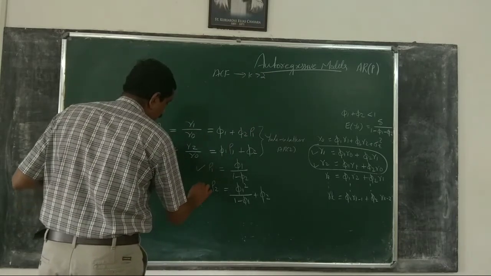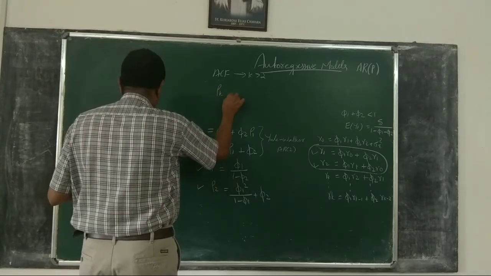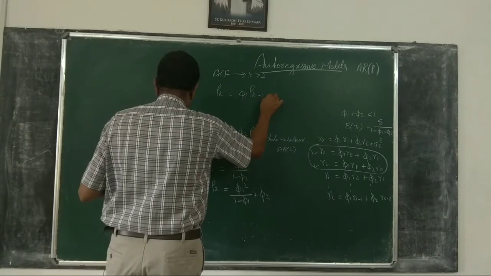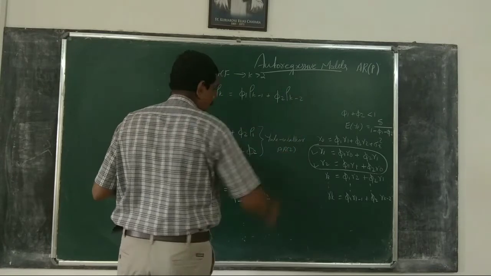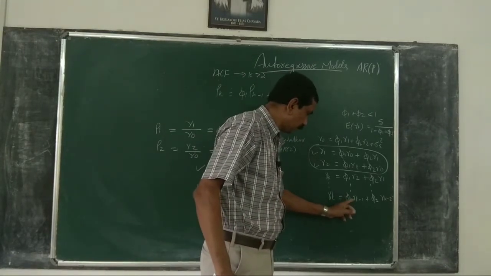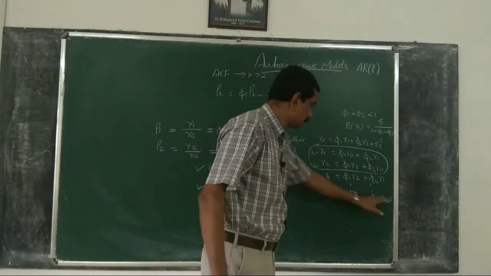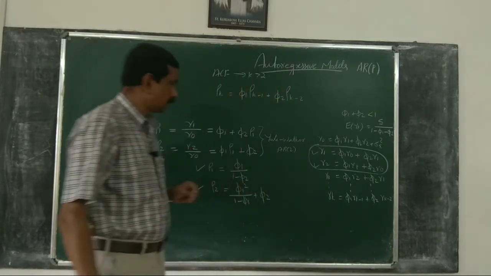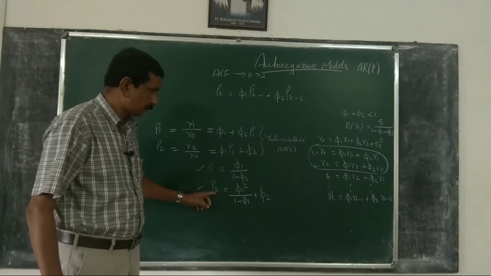Beyond rho 1 and rho 2, it can be calculated as rho k is equal to phi 1 rho k minus 1 plus phi 2 rho k minus 2. Because gamma k by gamma 0 gives phi 1 rho k minus 1 and phi 2 rho k minus 2. And as you know, this is rho 1 and this is rho 2.